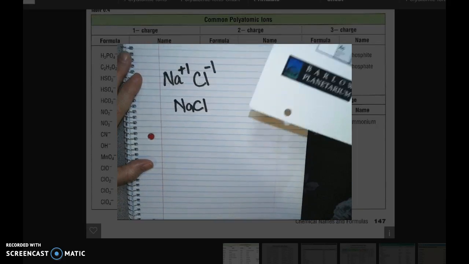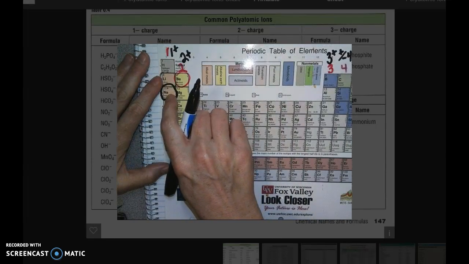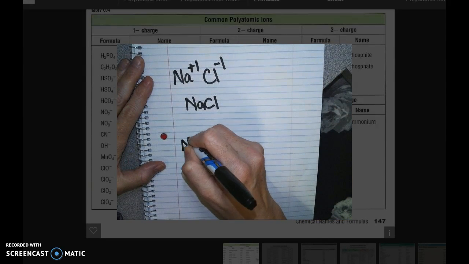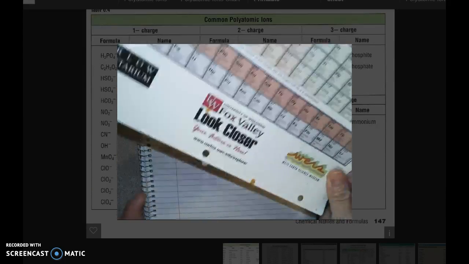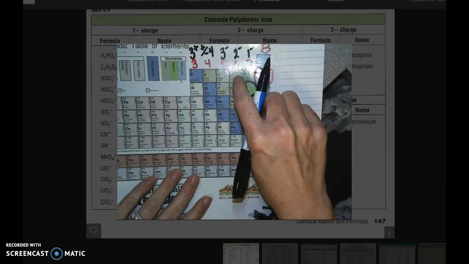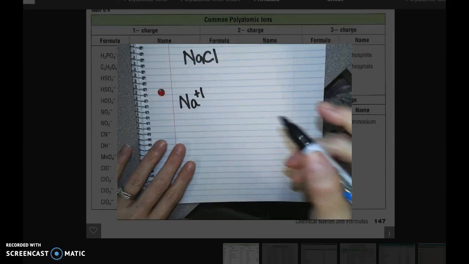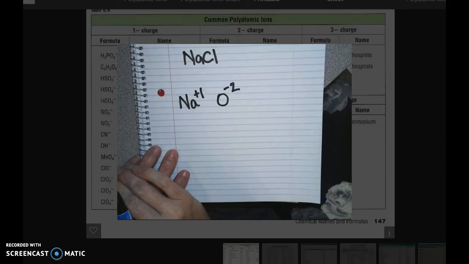Well, sometimes it's not a 1-to-1 ratio. Sometimes it's a little different. Say we take sodium, +1, and we try to bond it to oxygen. Oxygen is -2. These don't match.